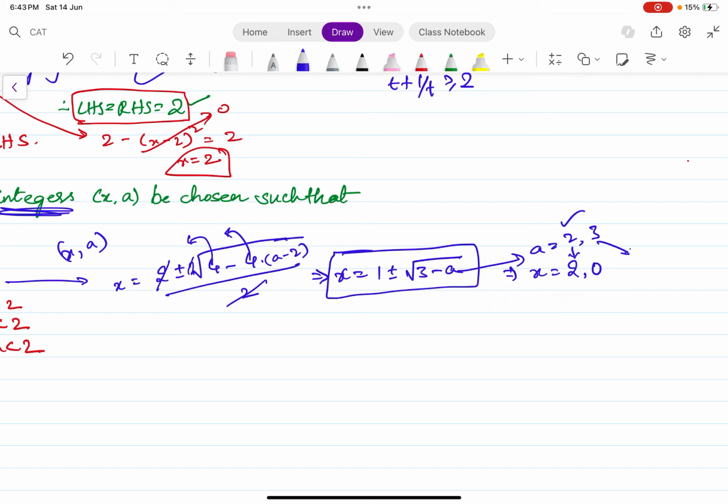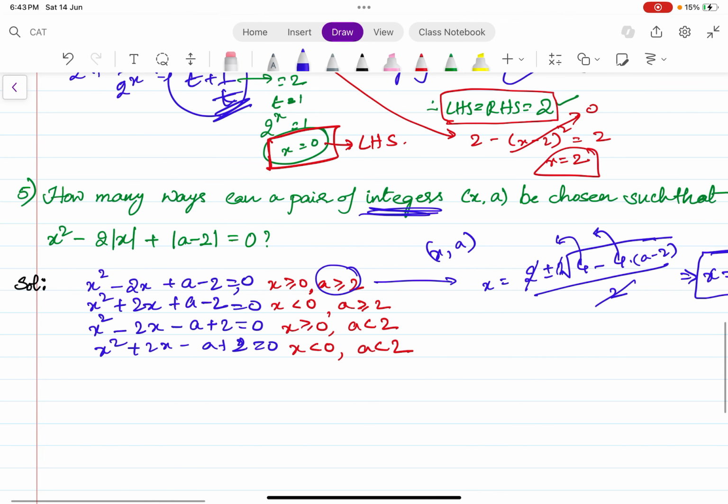Next, for a equal to 3, what are the values? It is just 1. So the ordered pairs (x, a) are (2, 2), (0, 2) and (1, 3). So these are your 3 ordered pairs for the first equation alone. So the first equation is done.